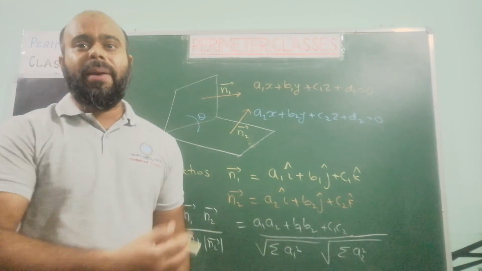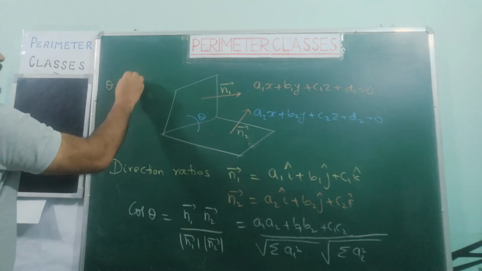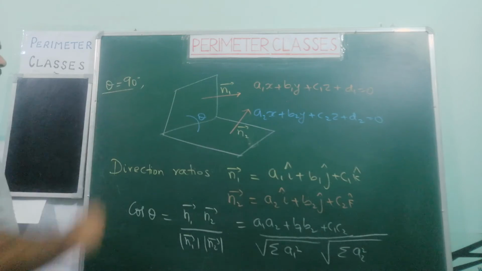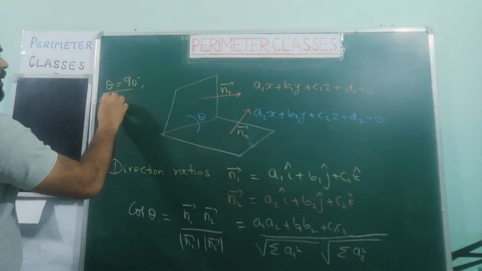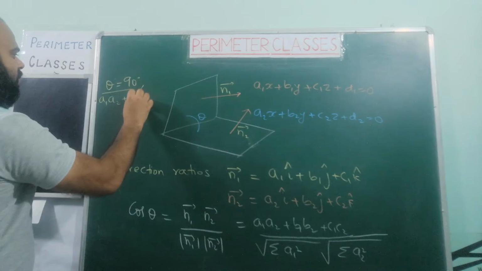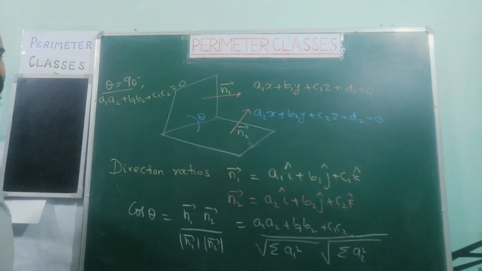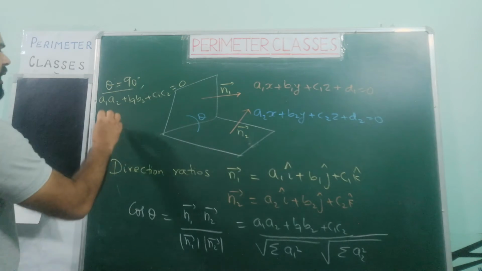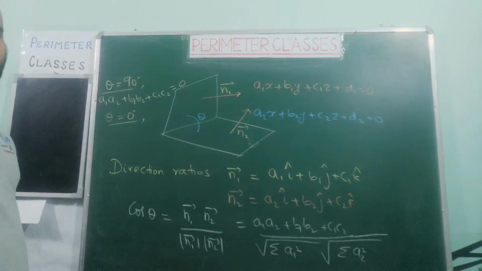And if they are perpendicular, suppose these two planes are perpendicular planes, theta is 90 degrees. In that case, cos of 90 will be 0, and the special condition will be a1 a2 plus b1 b2 plus c1 c2 equal to 0. If the angle between them is 0 degrees, that means the planes are parallel.